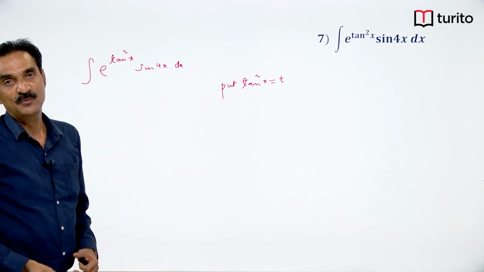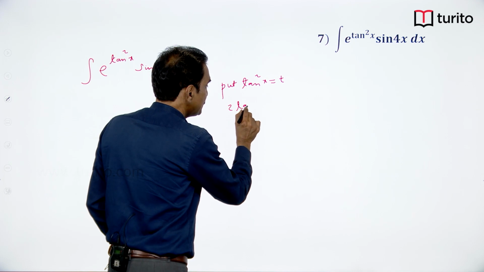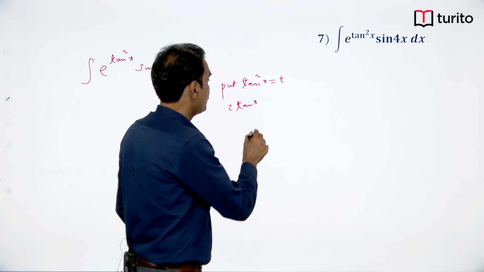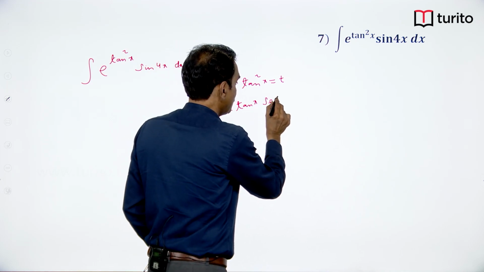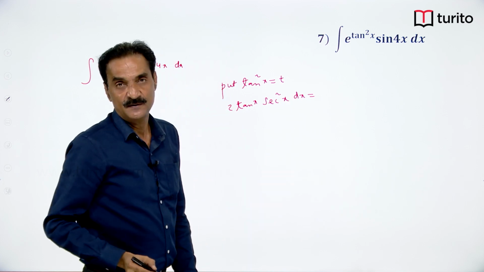Then differentiating on both sides, we get 2 tan x into secant square x dx is equal to dt.